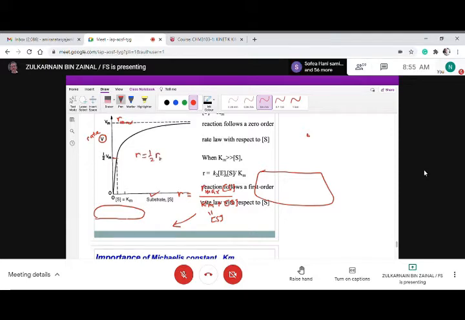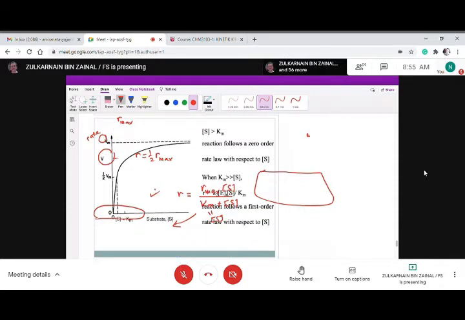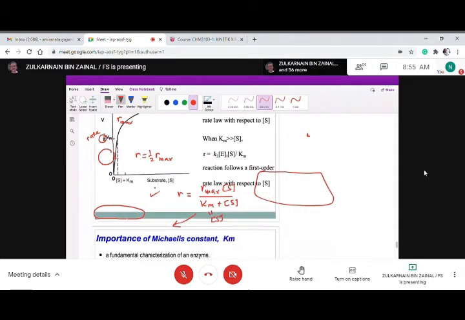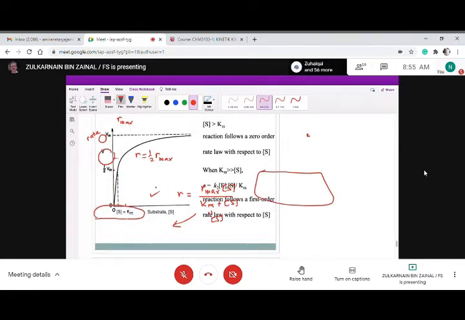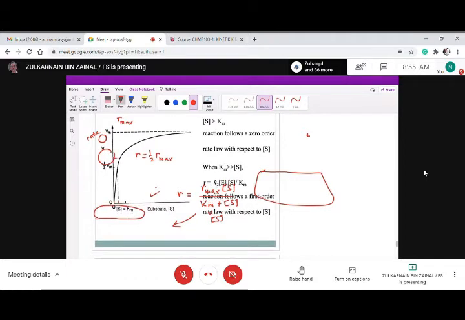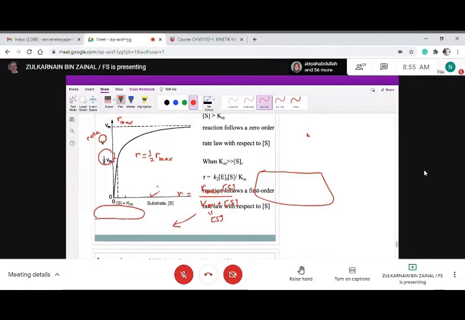Okay, so this is half of the maximum rate. And the other thing is that the reaction follows first order rate law with respect to the substrate, or the reactant in this case, at the beginning of the reaction.